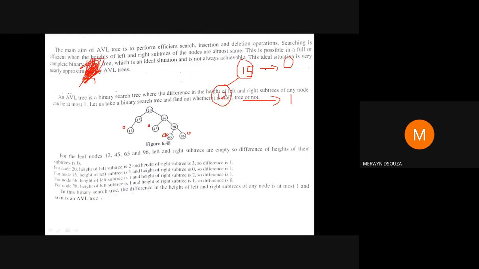You have 15 at level 0, 12 at level 1, and your balance factor formula is: height of the left subtree minus height of the right subtree. Now the left part, this is your left branch. You have only one node, and the maximum level of the left subtree of 15 is 1.